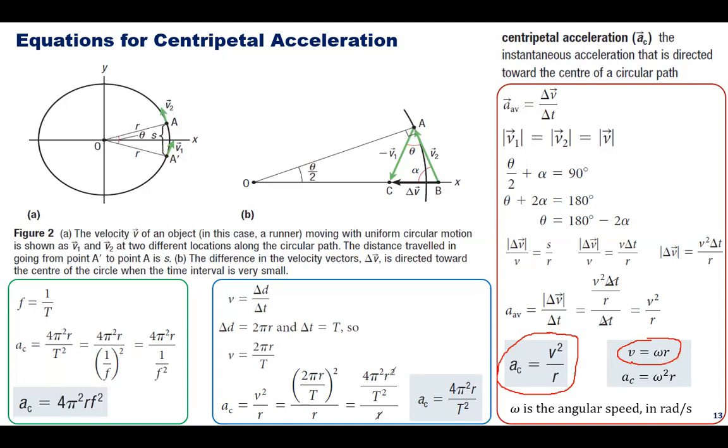Therefore, if you substitute v using omega r, then we have another formula to calculate the centripetal acceleration, which is a_c equals omega squared r. In this formula, a_c also denotes the centripetal acceleration, but this time omega denotes the angular speed. The unit of the angular speed is radians per second. And again, r is the radius of this motion.